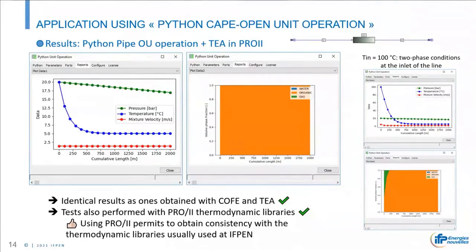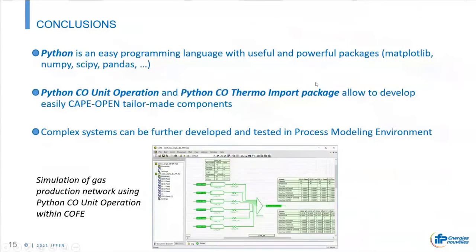And these tests are really interesting because we have the possibility to develop the unit operation and to use ProSim thermodynamic libraries. And this is consistent with what we do at IFP in the process modeling department. So if we move to the next slide, I think it is a conclusion.